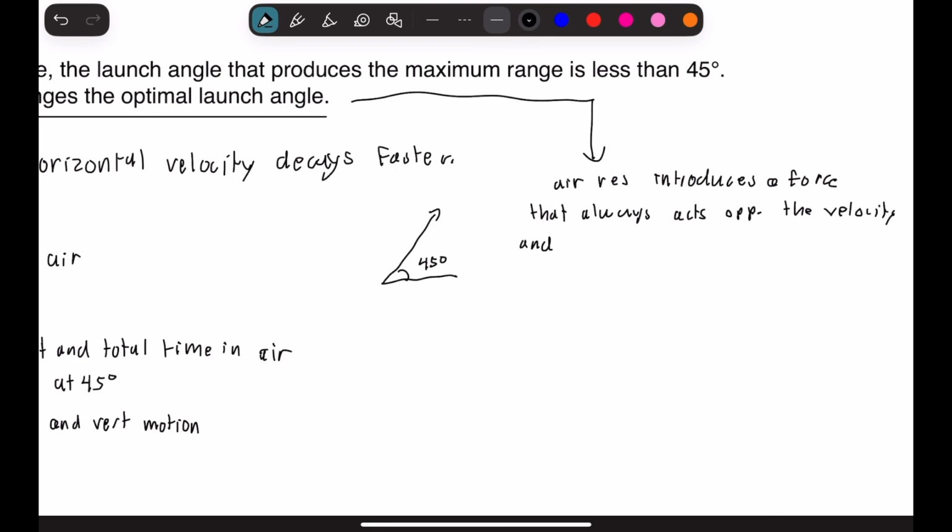It also reduces the magnitude of the velocity, and it depends on how fast the object is moving.